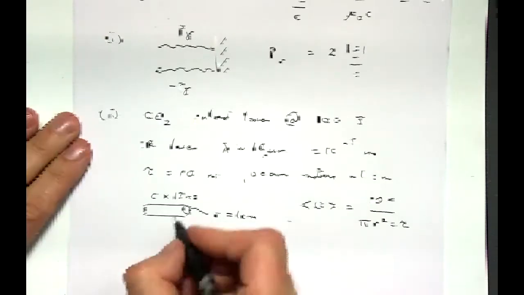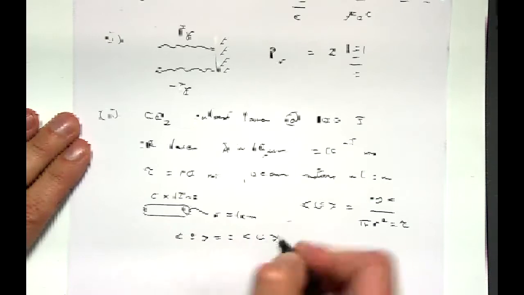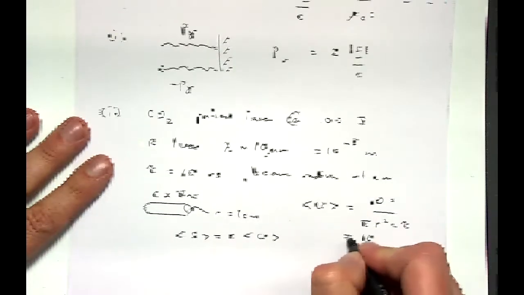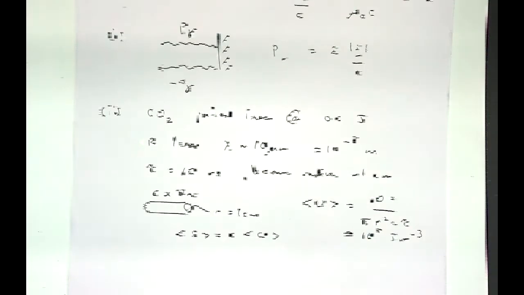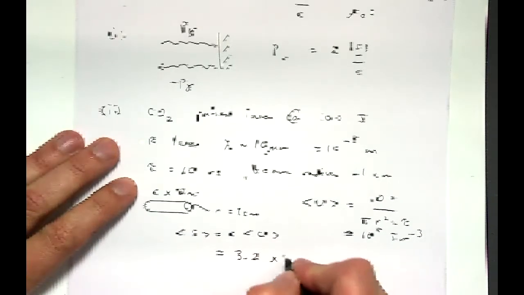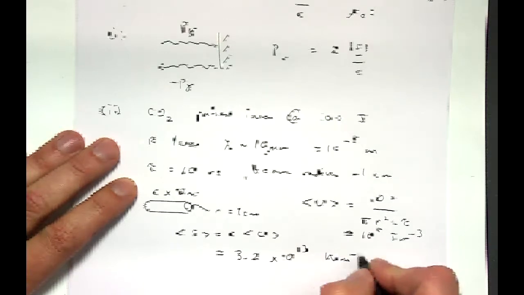Therefore, it's easy then to work out what the Poynting vector is. It's equal to c times u. And if u here is about, let's look at order of magnitude, 10 to the 5 joules per cubic meter. That's a lot, isn't it? And if you multiply that by c, that's 3.2 times 10 to the 13, and a good way to write that unit is watts per square meter.